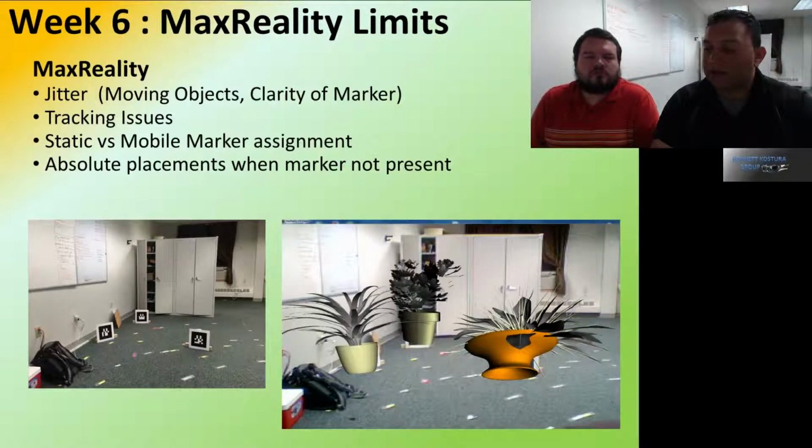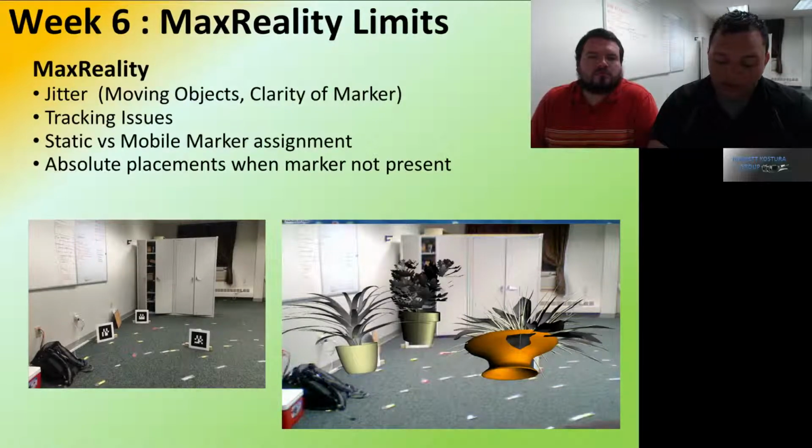And again, that's with the native MaxReality application. So the ability to place 6 or 7 different objects around a room and then pan around with the goggles on in order to see what the room would look like isn't realistic with the native applications, because you'll always have those absolute placed objects.